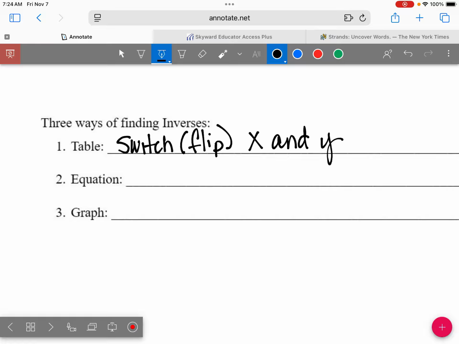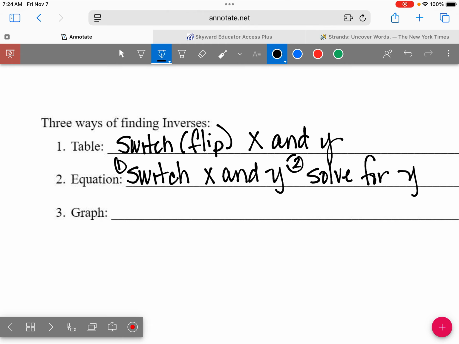If it's an equation, we got to do 2 things. We have to switch x and y. That's the first thing we have to do. And then we have to solve it for y.